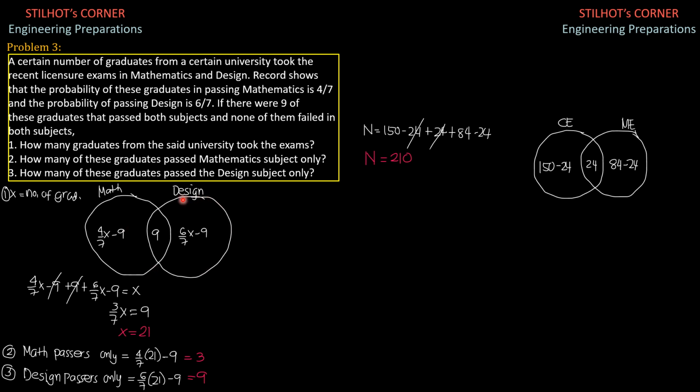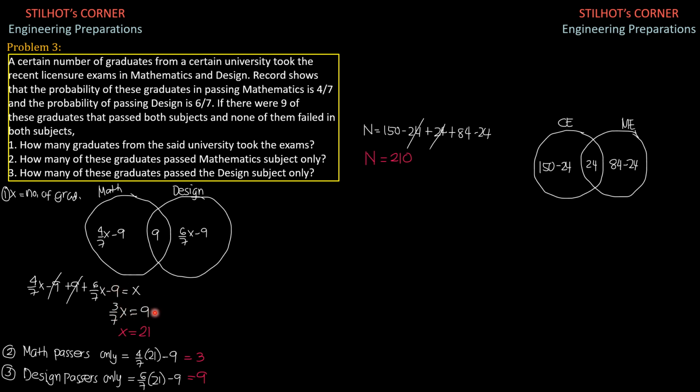Then the number of graduates who passed design only is the probability, which is 6 over 7 of X, then also minus 9. So adding these numbers and equating it to X: 4 over 7 X minus 9 plus 9, so cancel 9, then plus 6 over 7 X minus 9 equals X. So 4 over 7 X plus 6 over 7 X minus X is 3 over 7 X, then negative 9 to the right, positive 9.